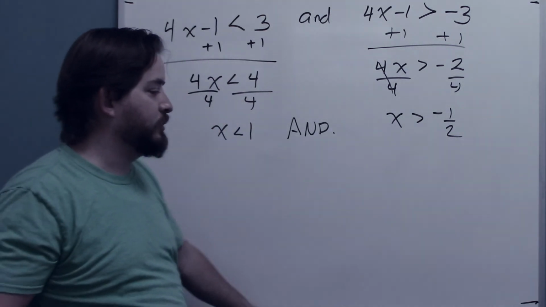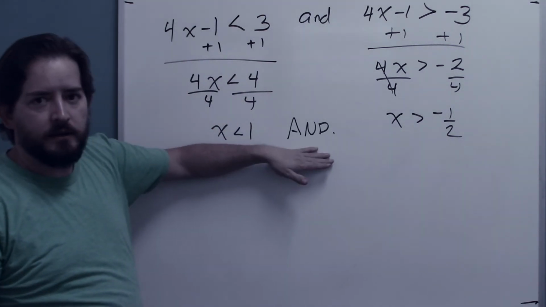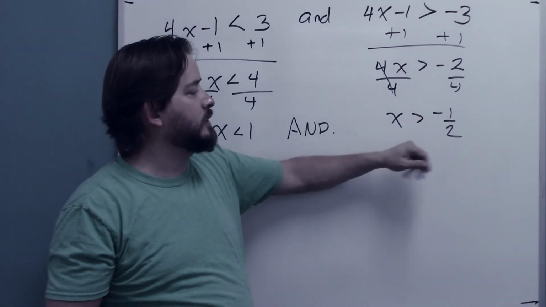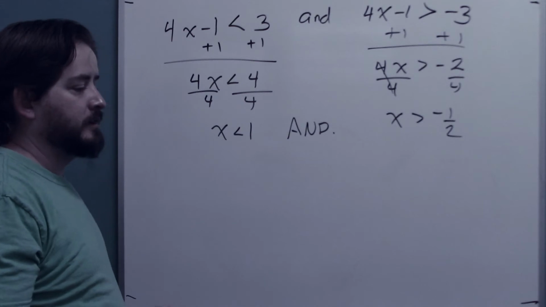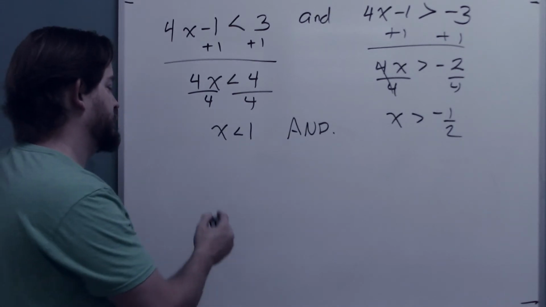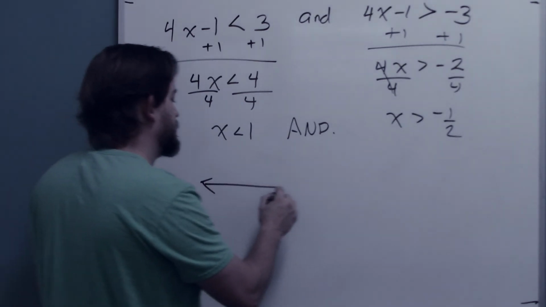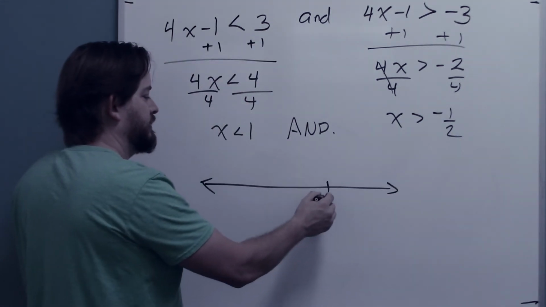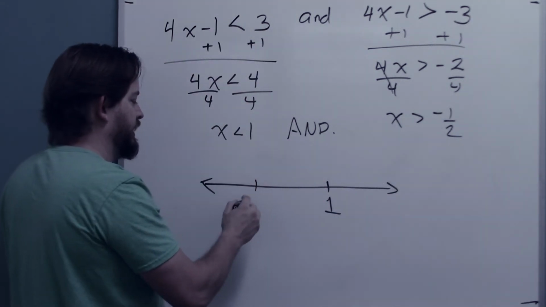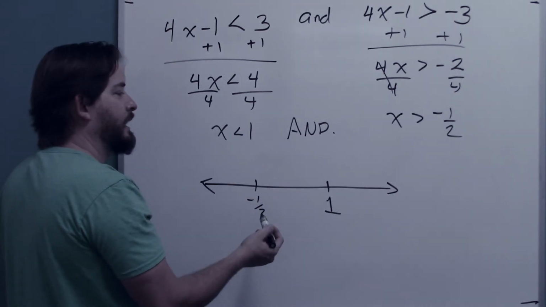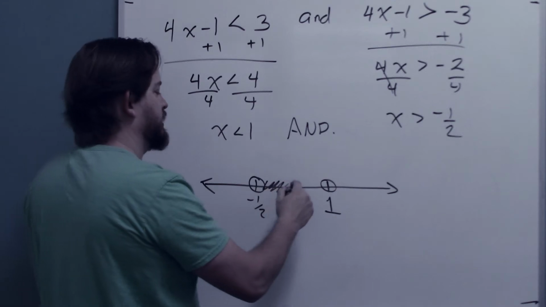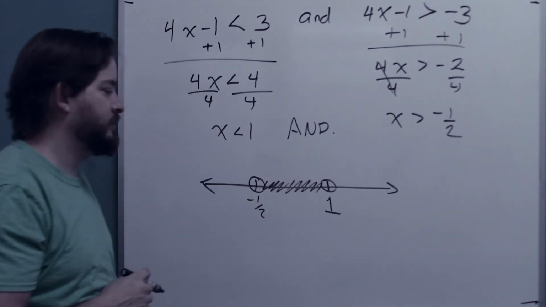It asked me to do 3 things. Solve it. I did. That's this part here, x less than 1 and x is greater than negative 1/2. It also asked me to graph it. So it's a one-dimensional graph, there's only x's involved, so x is less than 1, x is greater than negative 1/2, it's an and, it's strict inequality, so they're open circles and then shaded in between the two.